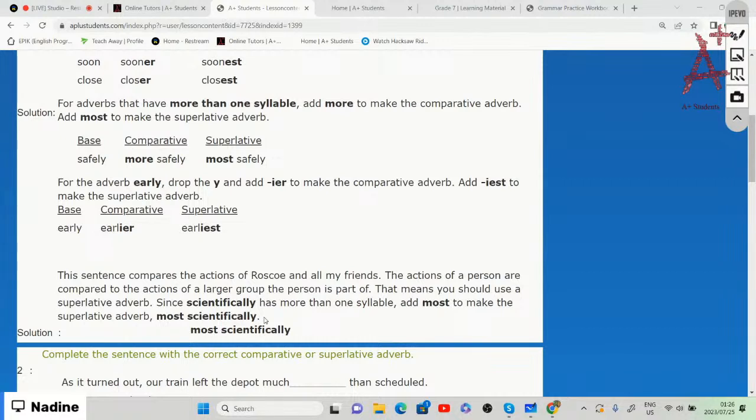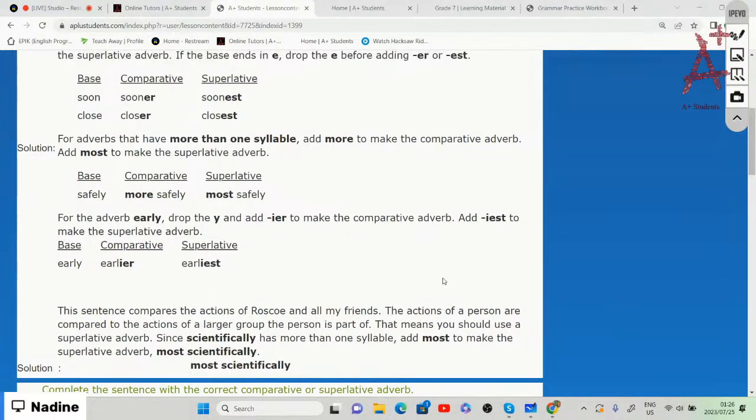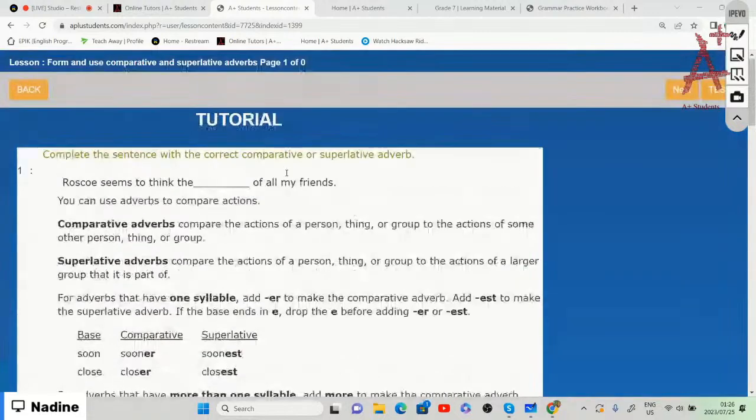And we said that is a superlative adverb. Since scientifically has more than one syllable, we add most. So our answer is most scientifically. Roscoe seems to think the most scientifically of all my friends.